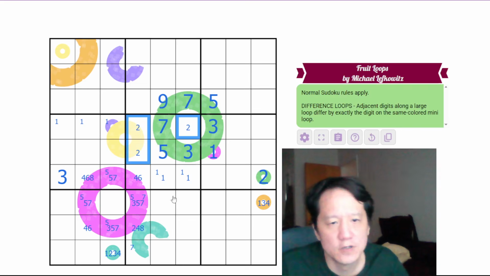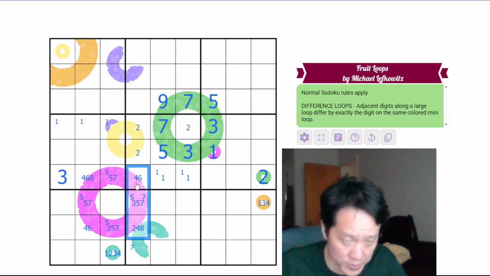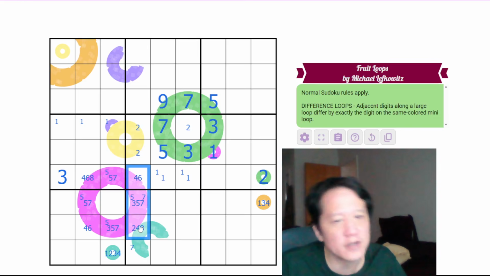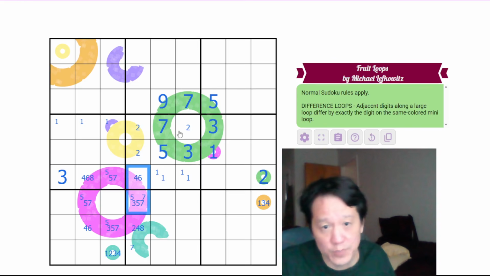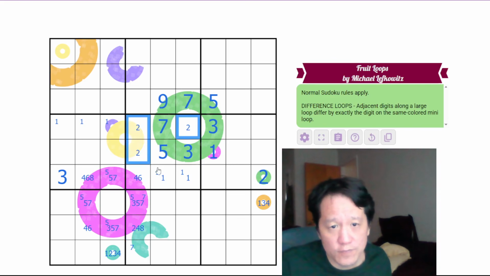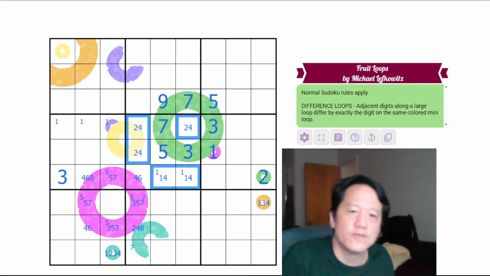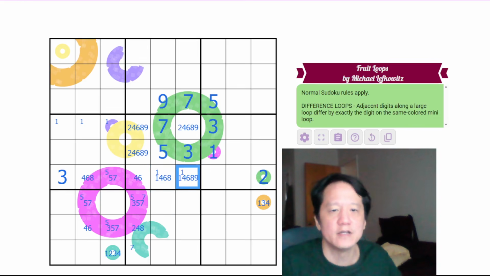So this could be 2, 3, 4 going that way. It could be 4, 5, 6, or 6, 7, 8. So there's nothing that's required there. 2 is there. 4. This could be 4, 6, 8, or 9. No 9 here because of 9 in the column.